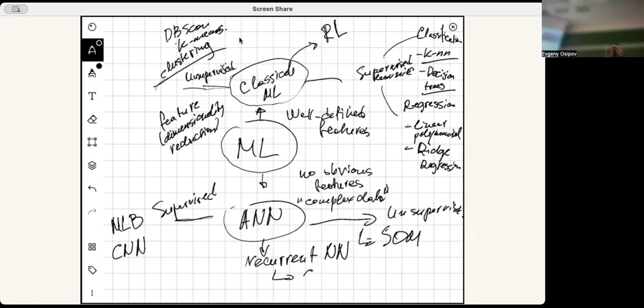Here you will work with echo state networks or LSTM, long short-term memory. We will talk about it in the module dedicated to time series classification.